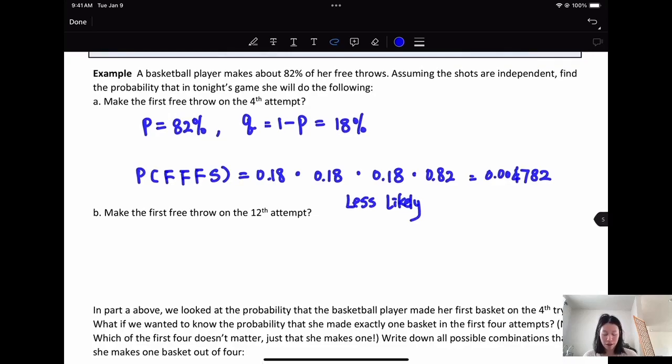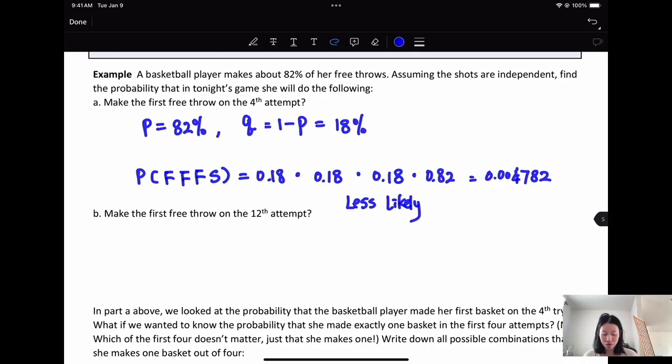Now, part B: made the first free throw on the 12th attempt. Wow, which is even crazier. So you fail for the first 11 times, and then you succeed on the 12th time. So you have 11 failures.